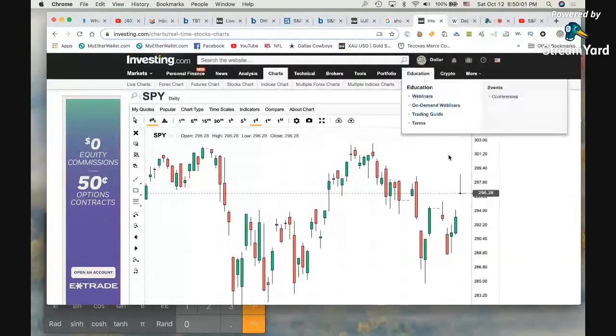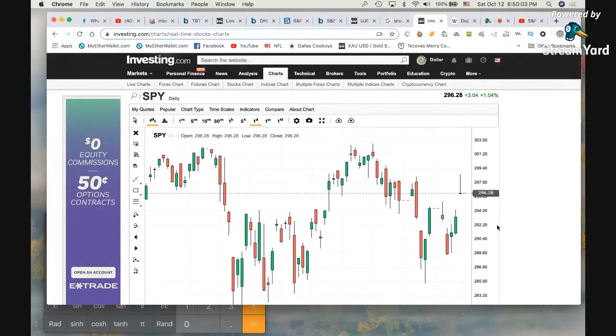Basically, I'm an Elliott wave theory trader. I use the stochastic oscillator, which is pretty much the only oscillator I use regularly. Occasionally I look at some others, but I use the stochastic oscillator.